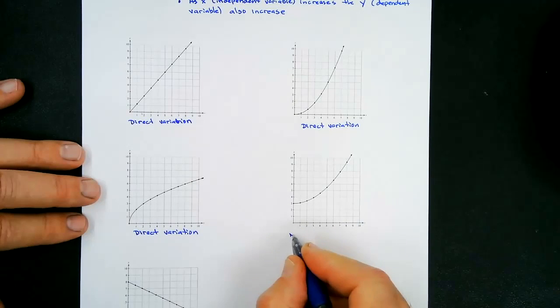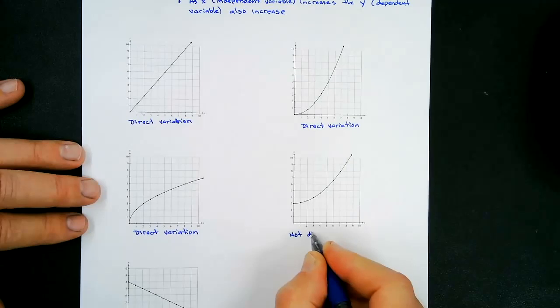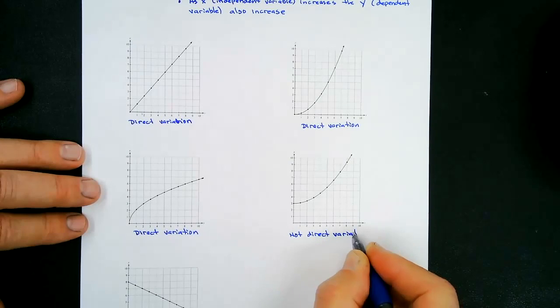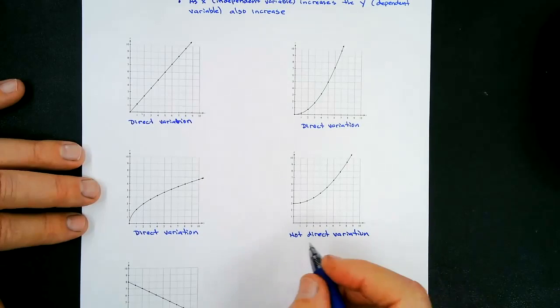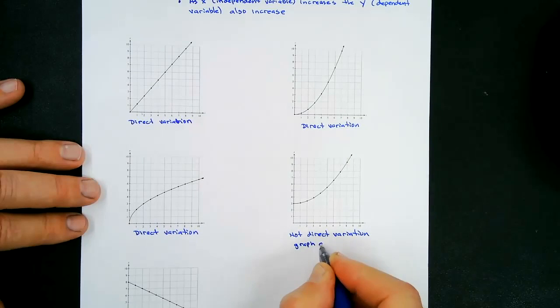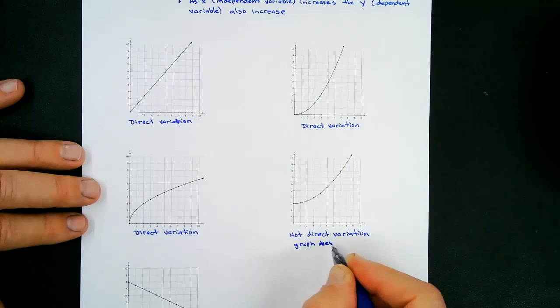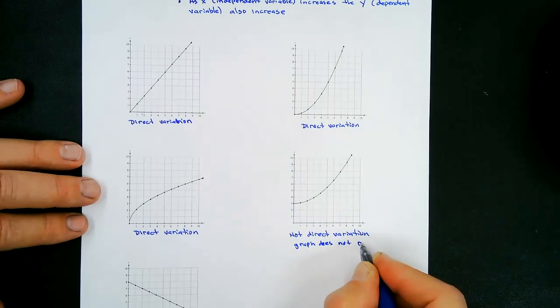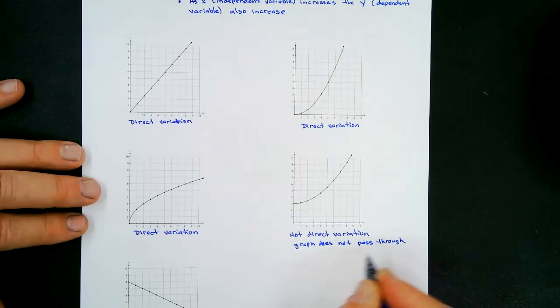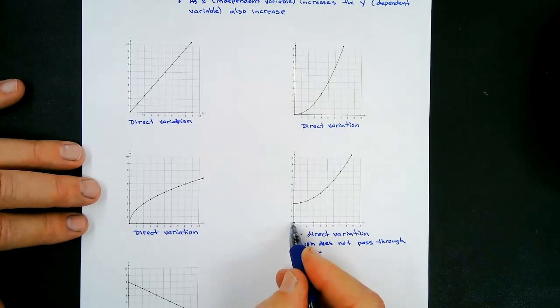So this is not direct variation, and it's because the graph doesn't pass through the origin. So it needs to go through that point right there, 0, 0.